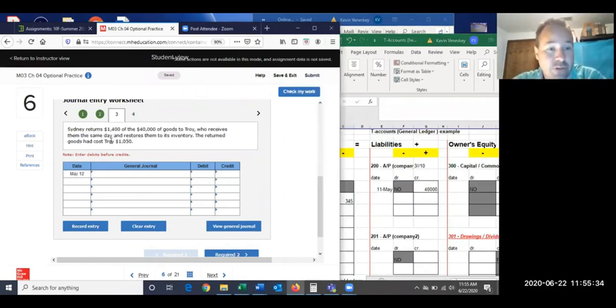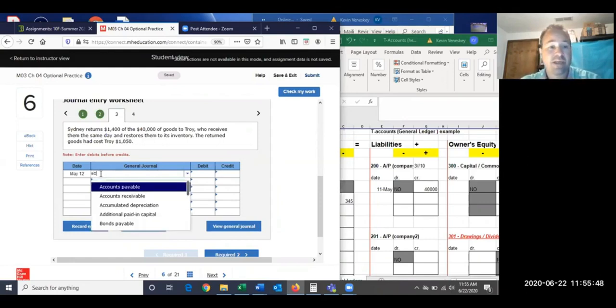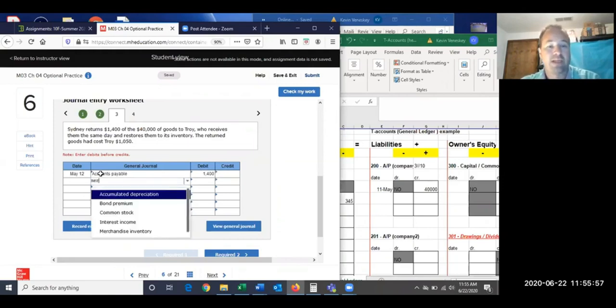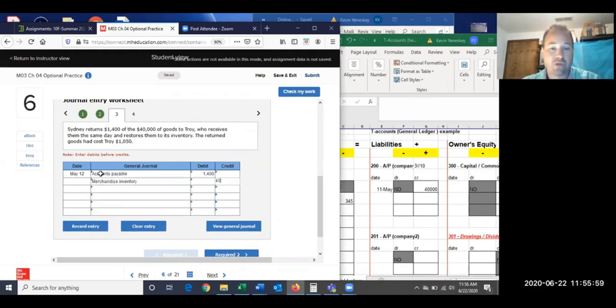All right, Sydney returns $1,400 of the 40 grand of goods. Troy receives them the same day and restores them to its inventory. The returned items cost Troy $1,050. So just from Sydney's point of view, we're taking $1,400 off of our merchandise inventory because we don't have it anymore.